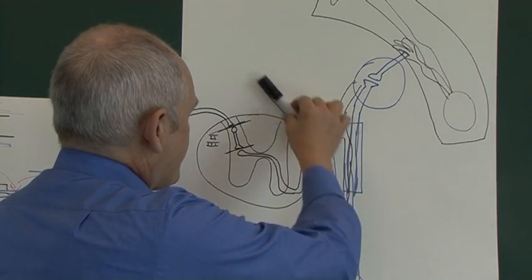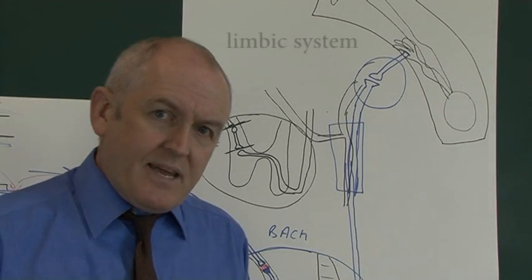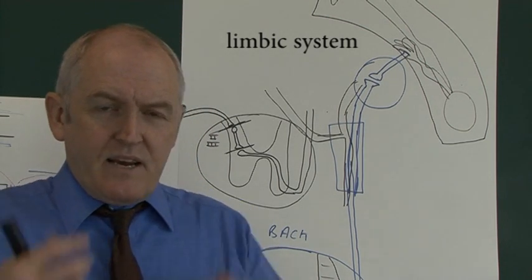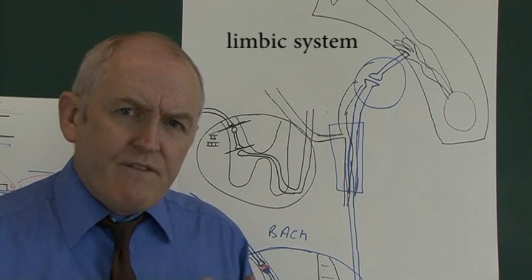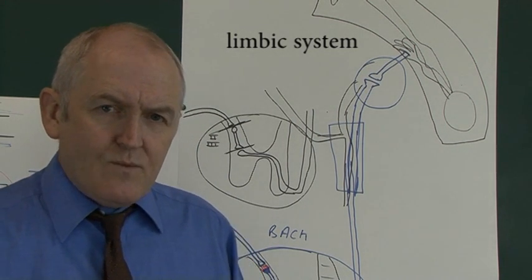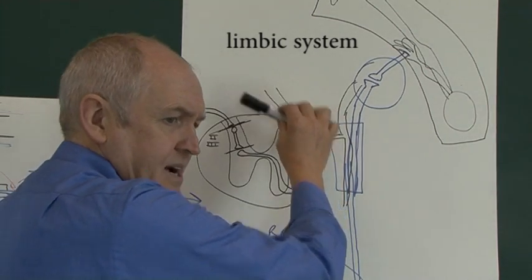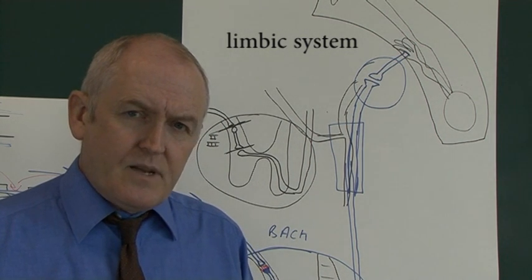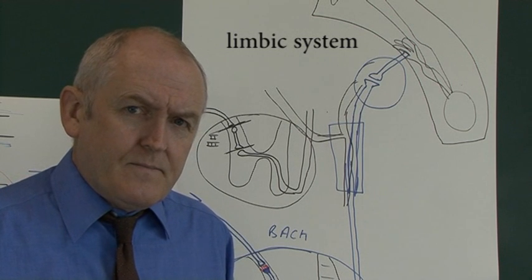And other branches from the C fibres particularly go off to the limbic areas of the brain. Now the limbic areas of the brain are very primitive emotional centres. It's where a lot of our emotions come from. And when impulses, particularly from C fibres, go to limbic areas of the brain, that causes an emotional reaction to the pain, because pain is upsetting.